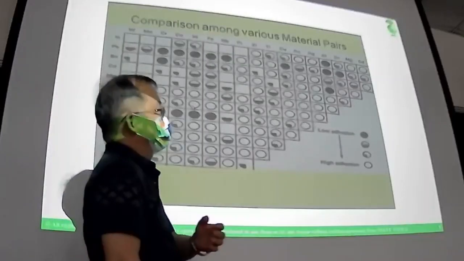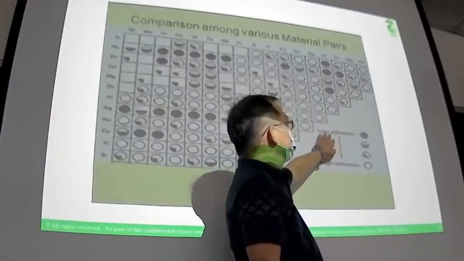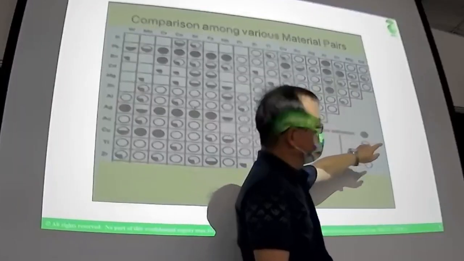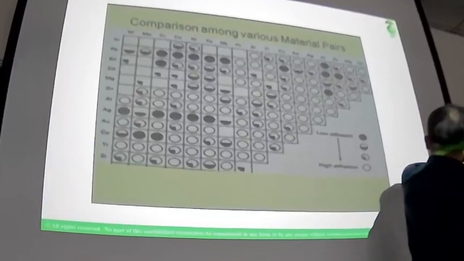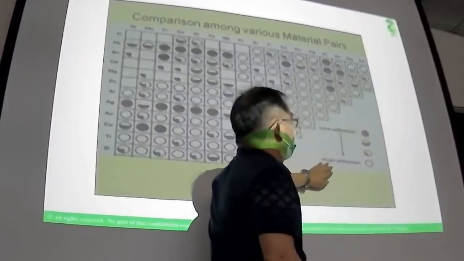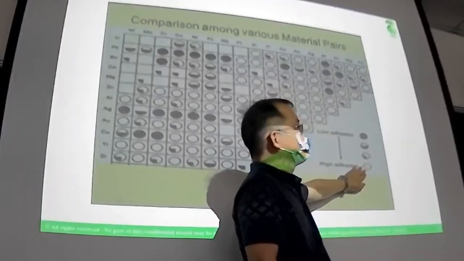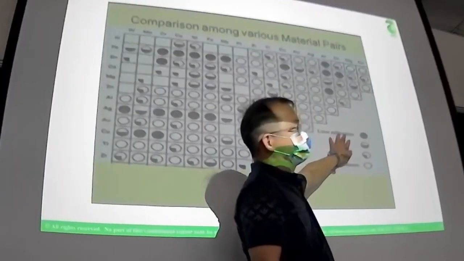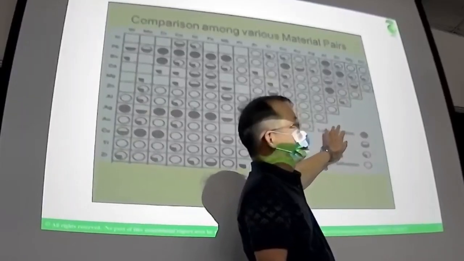Here we have a notation: the black one is low adhesion. High adhesion means that they tend to stick together, while low adhesion means they will not stick together.